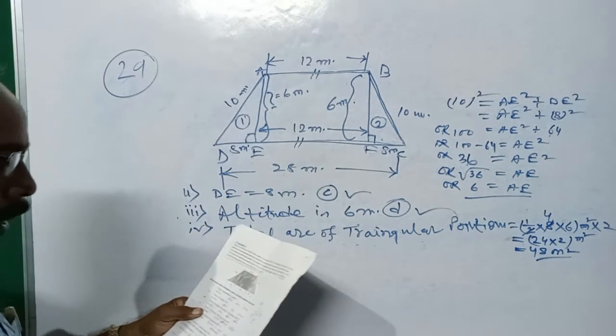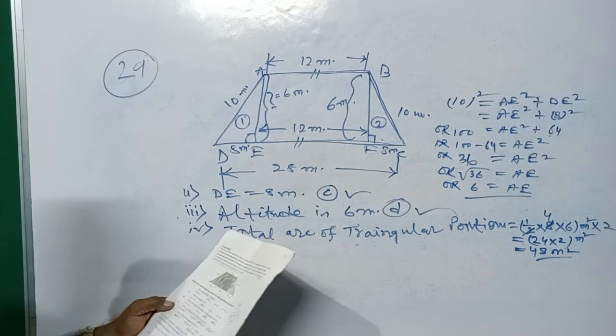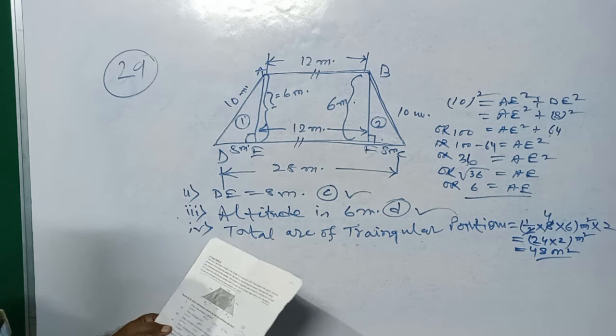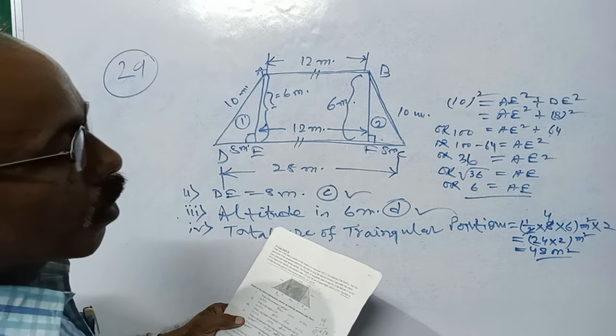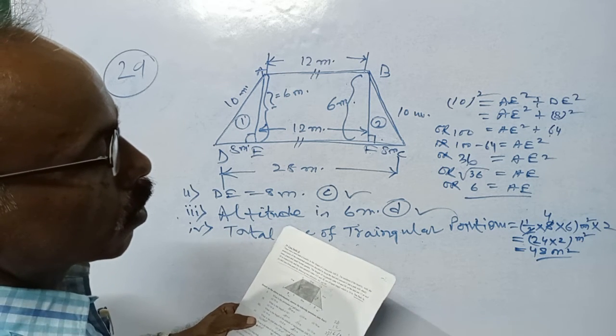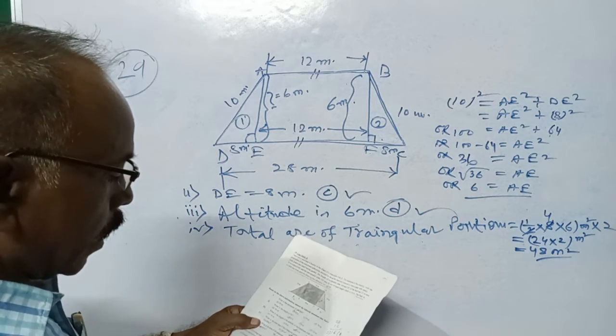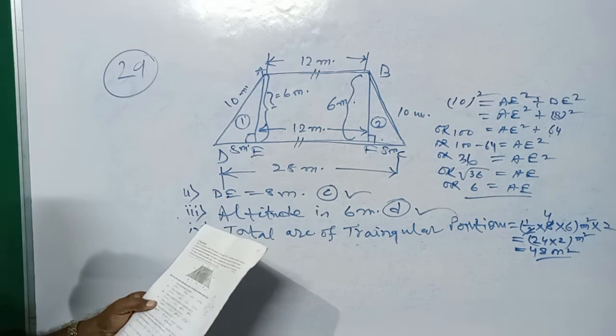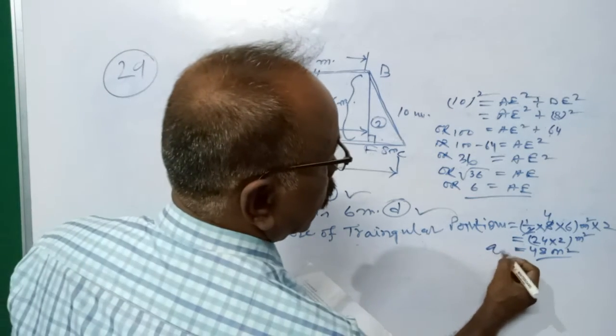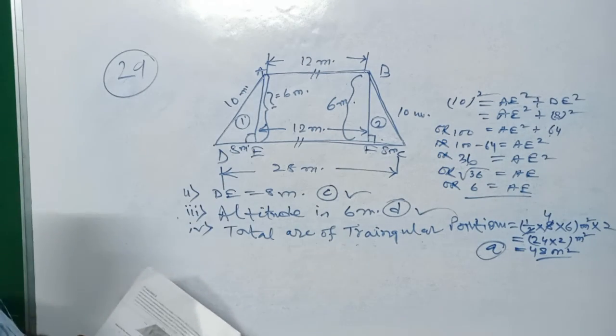You see here the answer is 48 meter square. Answer number A. A is the accurate answer.